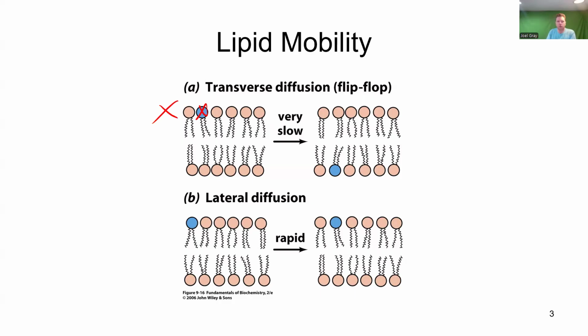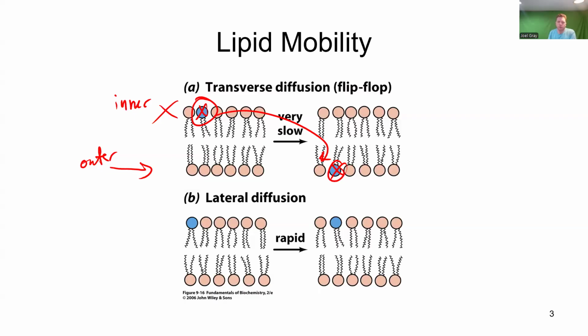We'll call it the inner leaflet. So just imagine that this is something on the interior of a cell. On the bottom half, this is the outer leaflet. Well, if we had this polar head group move down to the other side, to this location right here, that's going to happen, but it's going to happen very slowly.